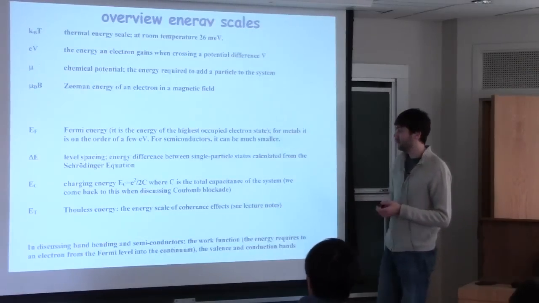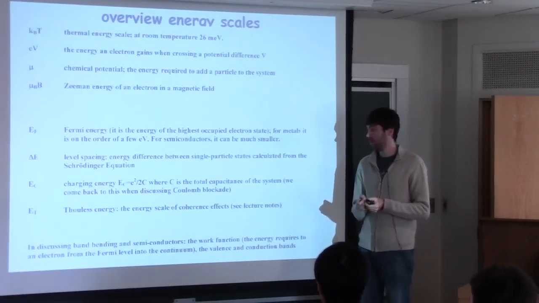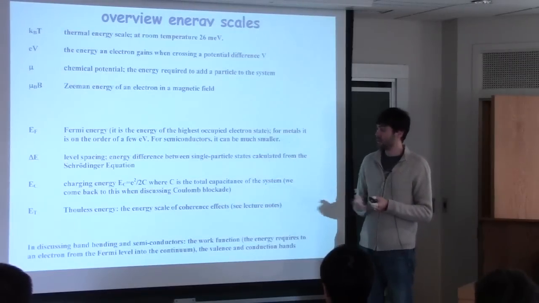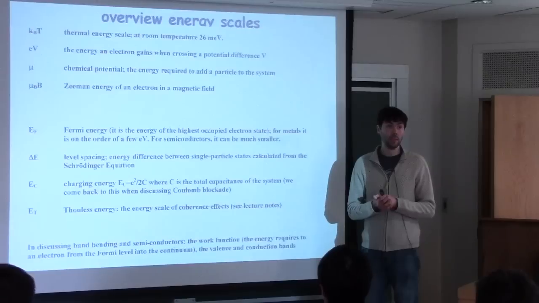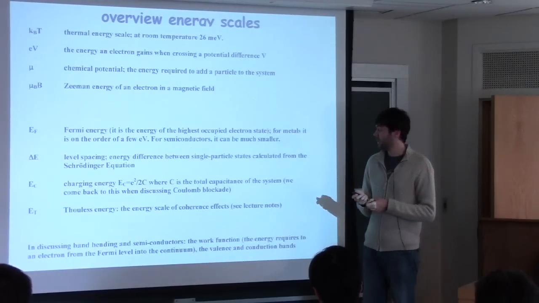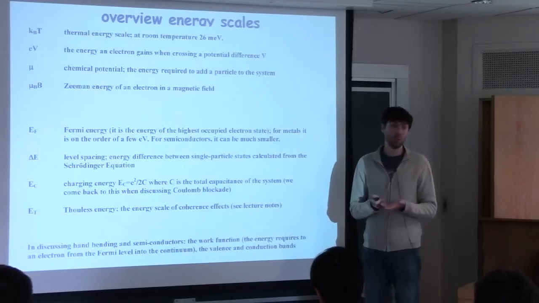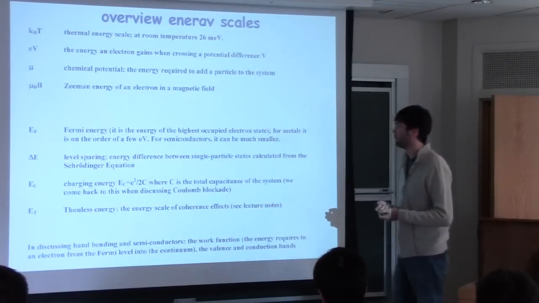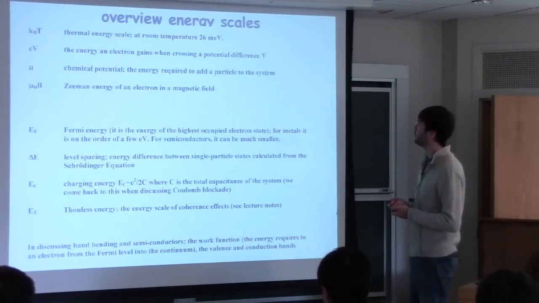But if the dephasing time is much shorter, and that means that the Thouless energy is fairly low, in that case the transport will be less quantum and more semi-classical. Okay.